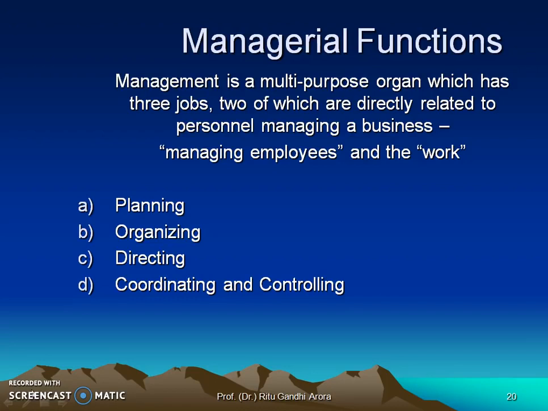So management is a multi-purpose organ which has three jobs, two of which are directly related to the personnel managing a business, that is managing employees and managing work. So from the managerial function point of view, human resource management performs planning, organizing, directing, coordinating and controlling.